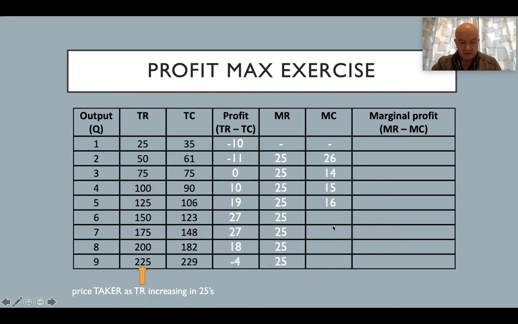It goes up to 16 for 5 units, where we've got 106 units of total cost, as opposed to 90 with the previous level of output. It goes up to 17 at the point where we're at 6 units. So 123 total cost as opposed to 106 for the previous level of units, leaving 17 as our marginal cost.